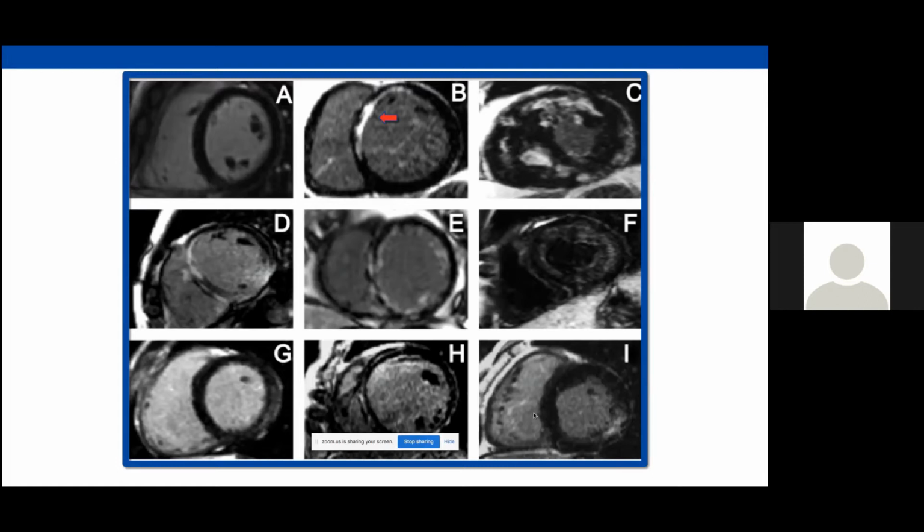In B, we can see a bright subendocardial pattern, so the underlying cause is very likely to be myocardial infarct. And in C, there's a diffuse and patchy enhancement at the hypertrophic myocardial wall, which is found in hypertrophic cardiomyopathy.